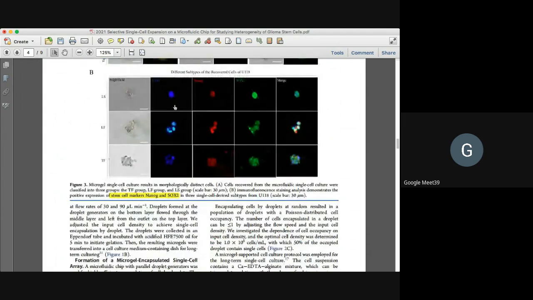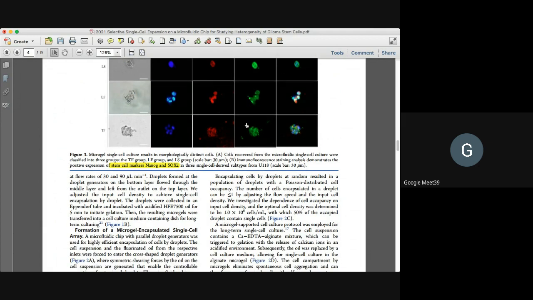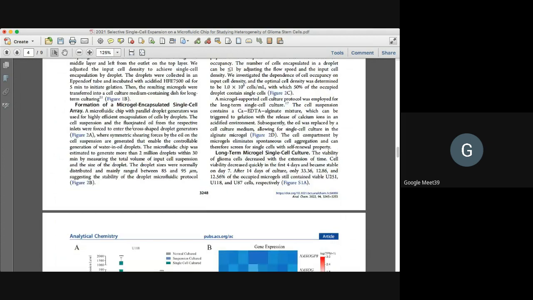Also, they perform this test to assess the stemness of the cells. So here you see these markers that are specific for stem cell markers, the NANOG and also SOX2. So they prove that these are stem cells, and in the different formats, as you can see.